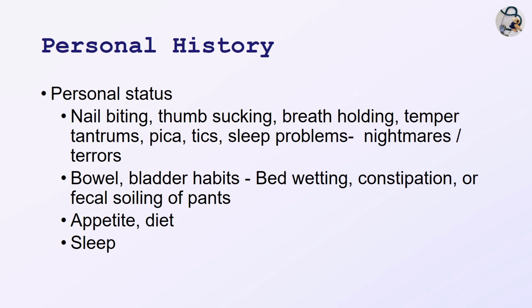Then comes the personal history. Here you are going to ask about the personal status. In younger children ask about nail biting, thumb sucking, breath holding spells, temper tantrums, pica, tics, sleep problems like nightmares, night terrors. Then bladder and bowel habits, you can ask in the personal history also. Bedwetting, constipation, or any fecal soiling of the pants, the appetite of the child, diet and sleep of the child, sleep pattern.